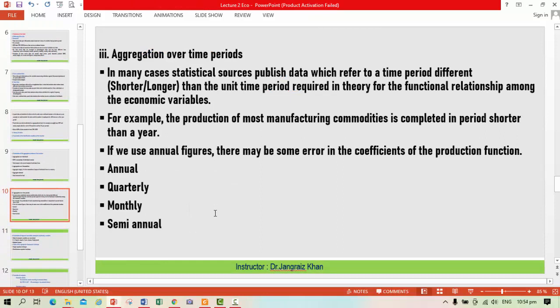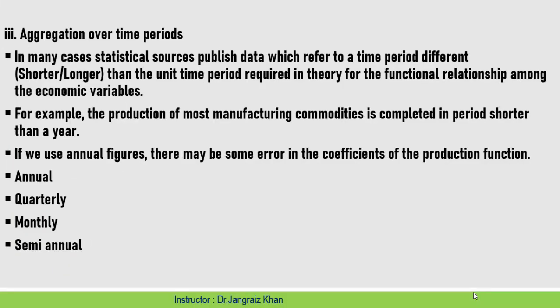Aggregation over time periods is another issue which we should keep in mind, and we should take special care with it, because sometimes the statistical sources and organizations publish data in different forms, possibly for a shorter period, and you need it for a longer period.